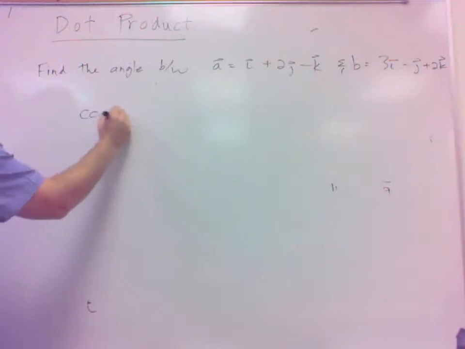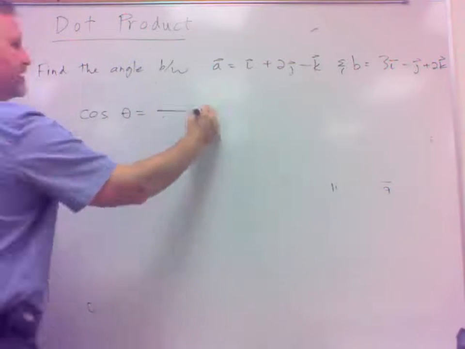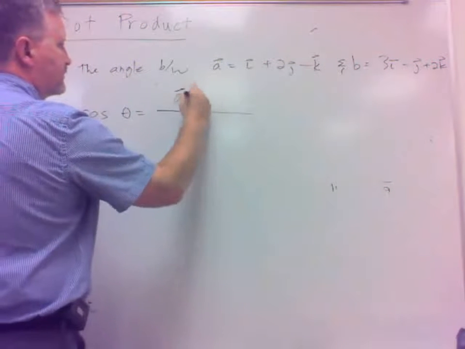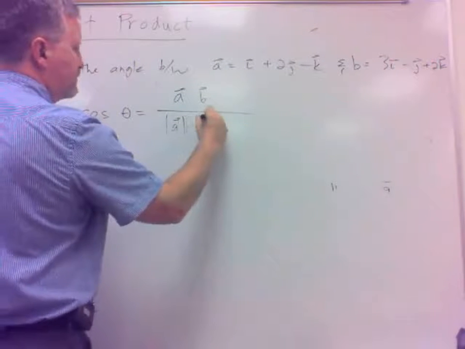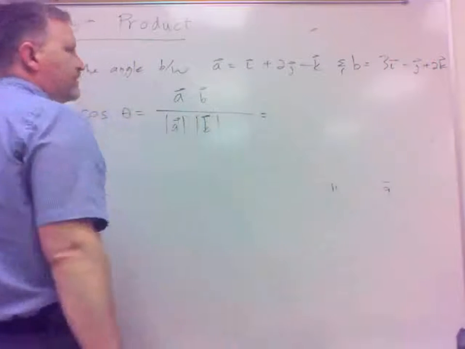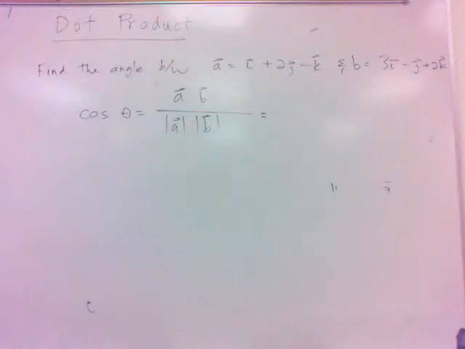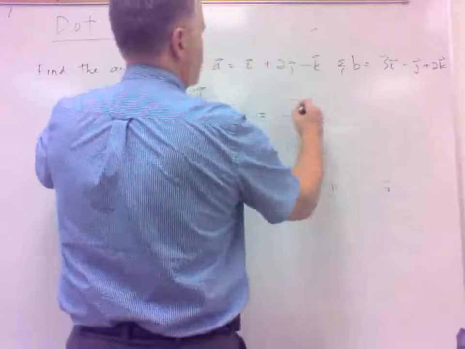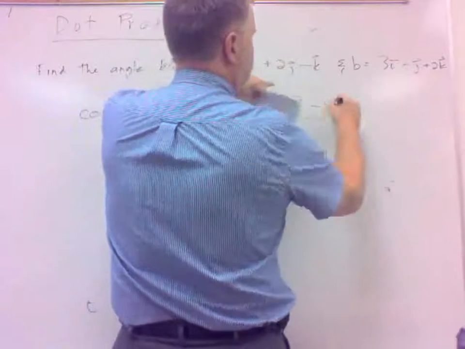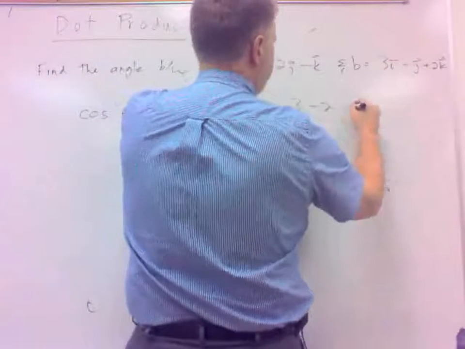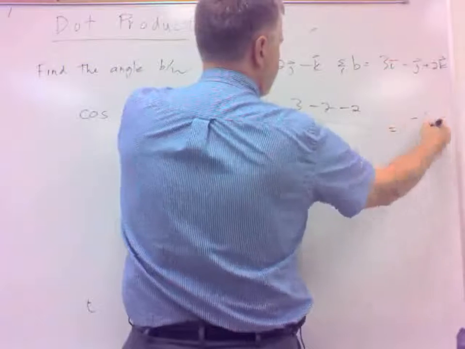So the cosine of the angle would be the dot product over the magnitude of A times the magnitude of B. What would be the dot product here? We multiply 3 times 1, 2 times -1, -2 again, so that'd be -1, wouldn't it?